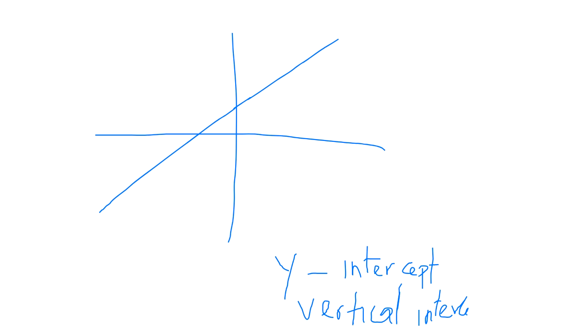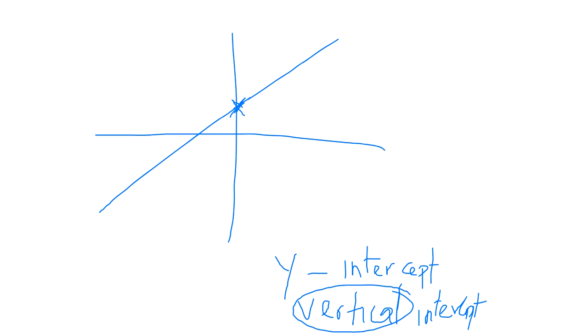So if I say y-intercept or vertical intercept, what do I mean by that? What I mean is I'm looking at the point on the vertical line or the y-axis where the line or the graph cuts the y-axis or the vertical axis. That is why it is called the vertical intercept or the y-intercept. And this is it right here.